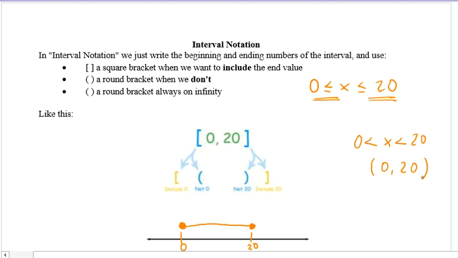This can get a little confusing in algebra because it could also look like the coordinate point 0, 20 instead of the interval of 0 to 20. Okay, so that's something we're going to have to keep track of. Because there's no spot on the number line that's like, hey, there's infinity, we always do a rounded bracket on infinity.